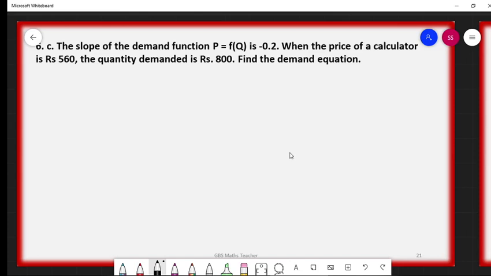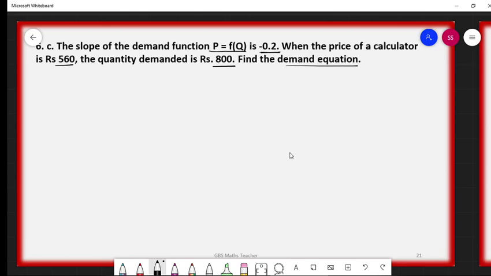The last question: the slope of the demand function P equal to f of Q is minus 0.2. B is 0.2, minus B is minus 0.2. When the price of the calculator is 560, the quantity demanded is 800. Find the demand equation. We have to find the demand equation, dear students. Solution.